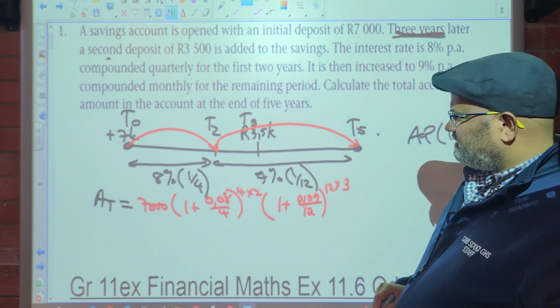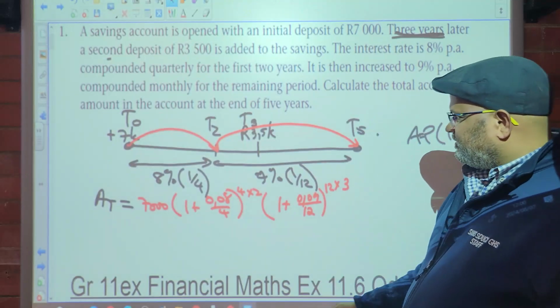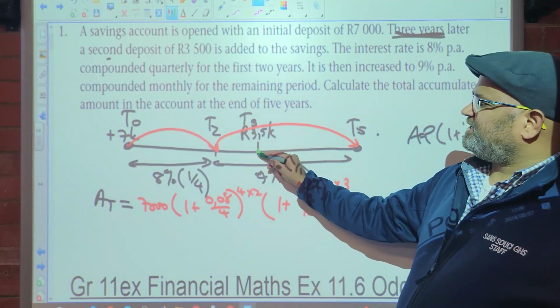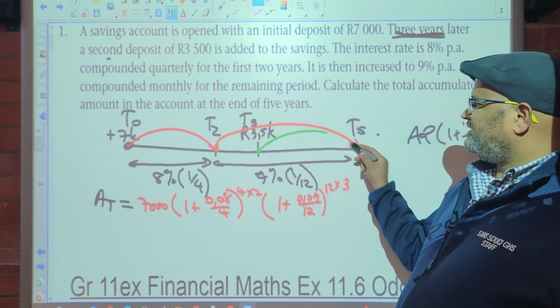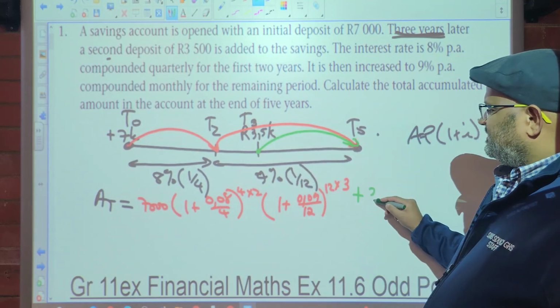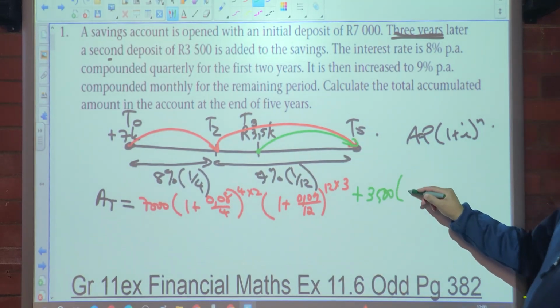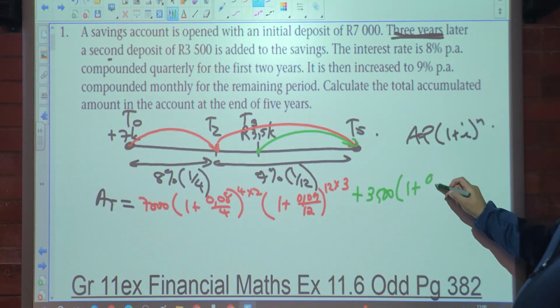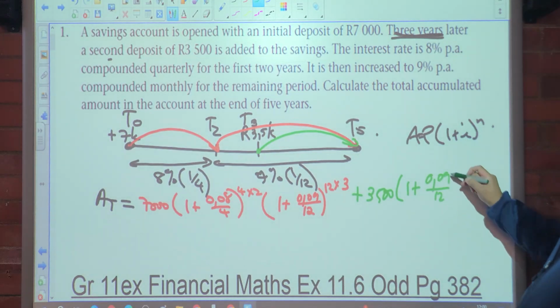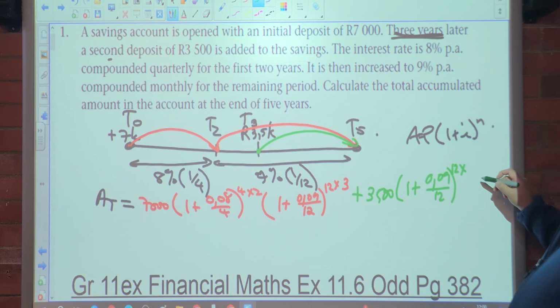You all agree with that? Then what do we do? You're adding 3,500 to the end. This plus 3,500 into 1 plus 0.09 over 12 to the exponent 12 times 2.